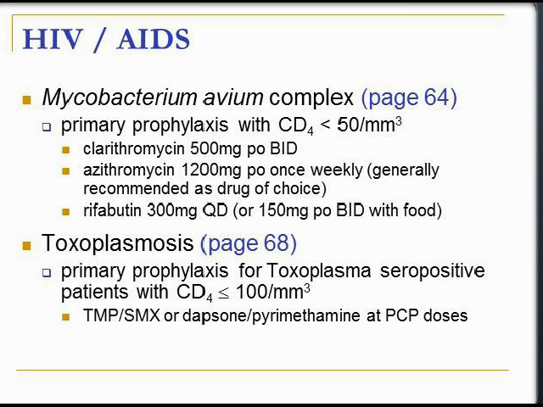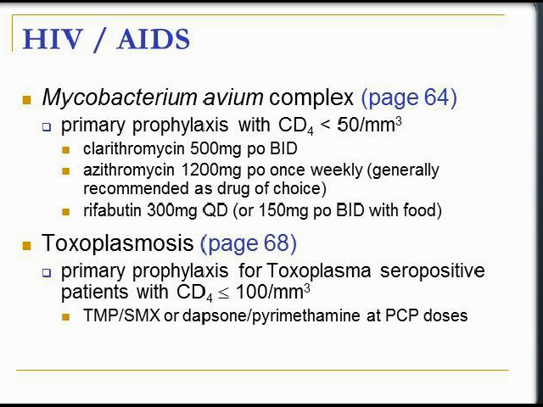Next is MAC, or Mycobacterium avium complex. Primary prophylaxis is recommended when CD4 counts drop below 50, and the recommended therapy is listed there, either a macrolide or rifabutin, most of the time macrolide, most of the time azithromycin. And then finally, toxoplasmosis, primary prophylaxis is recommended when CD4 counts drop below 100.